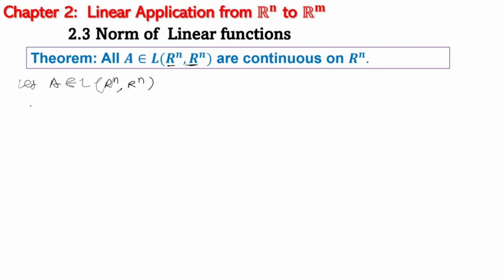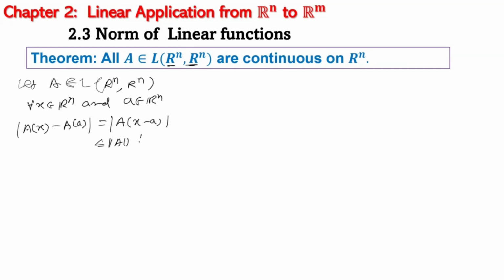Then for all x belonging to Rn and fixed a belonging to Rn, mod of Ax minus Aa is equal to mod of A(x minus a), which is less than or equal to norm of A times mod of x minus a.